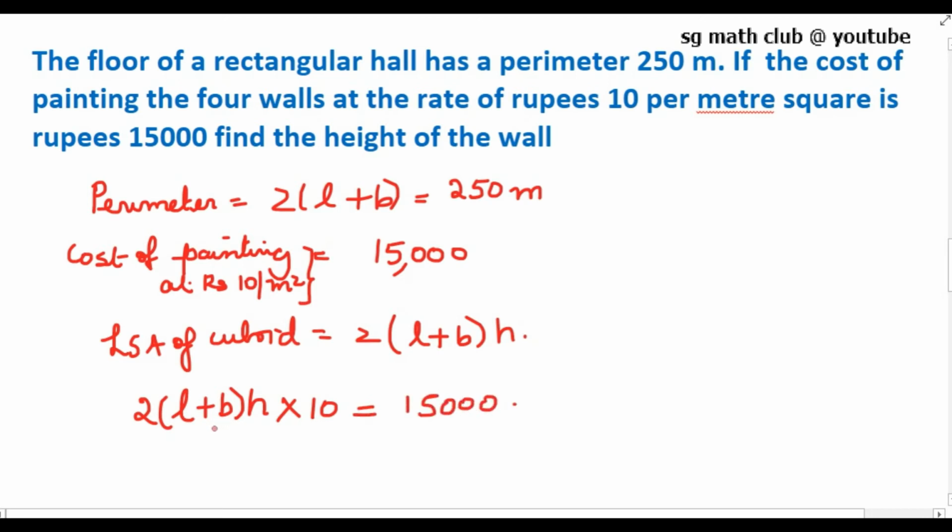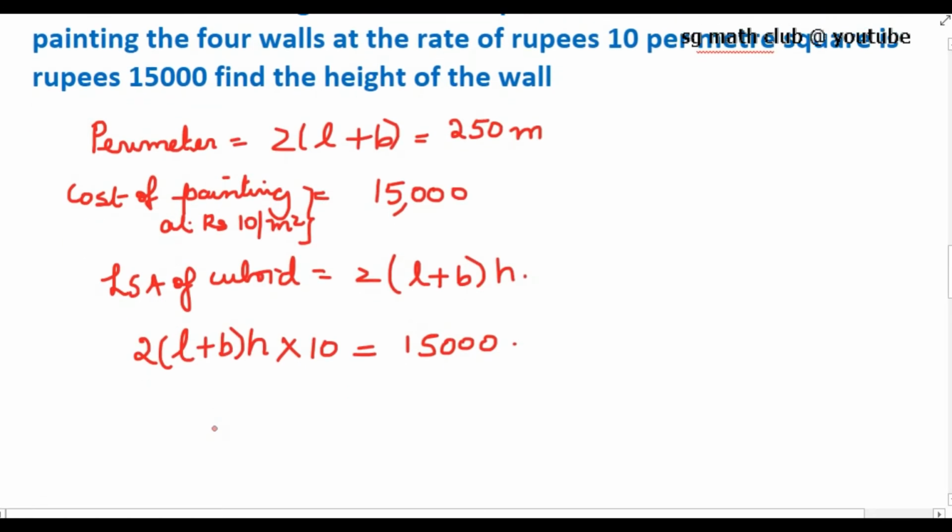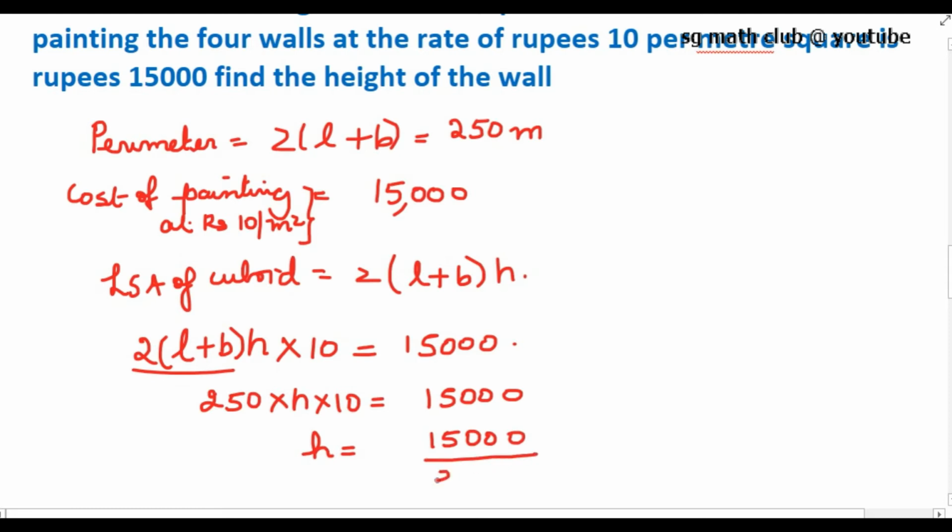Now we need to find the value of H. 250 into H into 10 equal to 15,000. Therefore H is equal to 15,000 divided by 2,500. So when you cancel this, we will get the value of H as 6 meter. So the height of the wall is 6 meter.